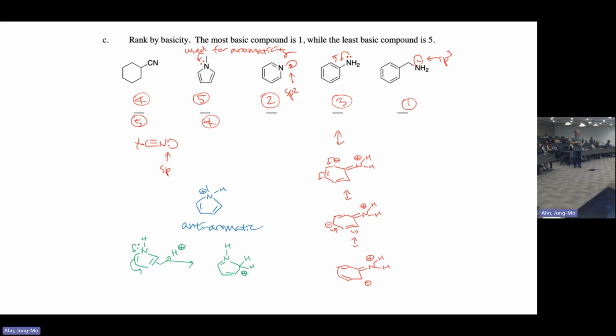This is not going to be made. This alpha carbon to the nitrogen, that's the one that gets the hydrogen. So this is how this molecule will act as a base. So it is somewhat basic in this way, and that's the reason why we take that answer as a correct answer. I'm just going to point this out. This is a very special situation, so you can't forget about it if you want to.